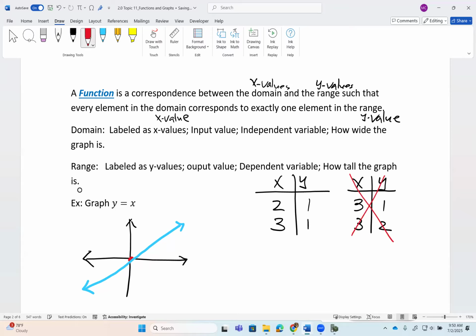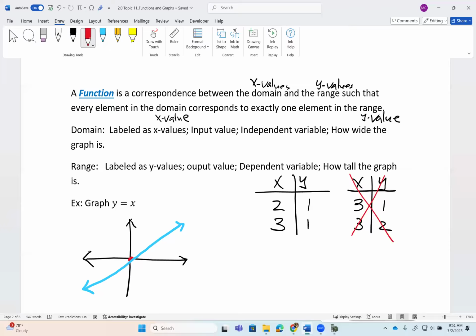Cannot have the same x value. For a relation to be a function, every x value can only correspond to one y value. Actually, saying every x value is not quite exactly how we're supposed to say it. It's every different x value corresponds to exactly one y value.